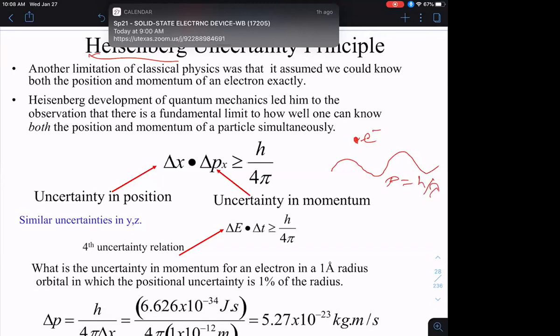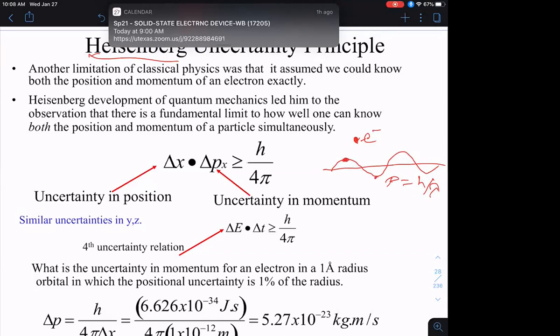But if my electron is a wave, like so, I can think of the intensity of the electron wave as being equal to amplitude squared. So, if this is my wave, I have the electron having a high amplitude or a high intensity of occurring over here.